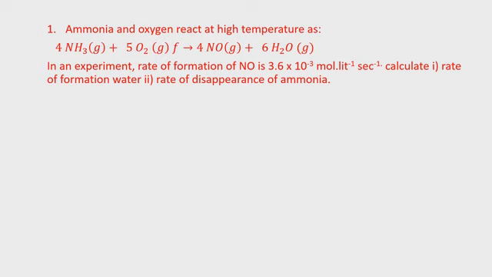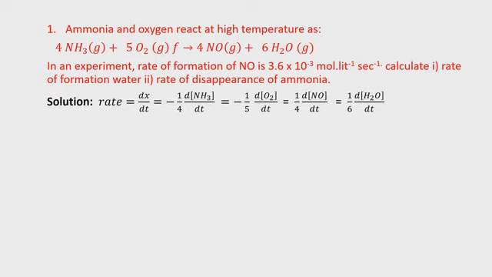Look at the solution. Rate equal to dx by dt equal to minus 1 by 4 dNH3 by dt equal to minus 1 by 5 dO2 by dt equal to 1 by 4 dNO by dt equal to 1 by 6 dH2O by dt.